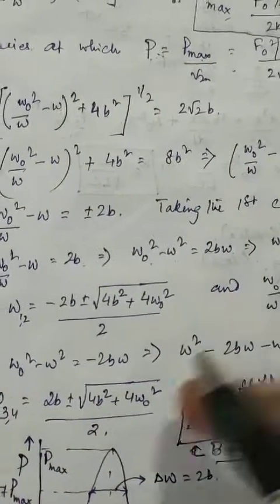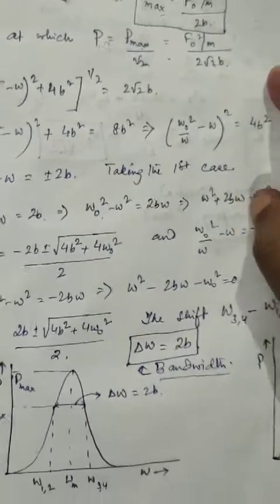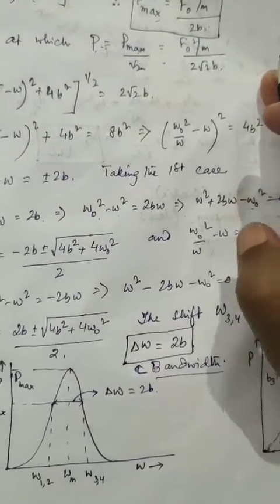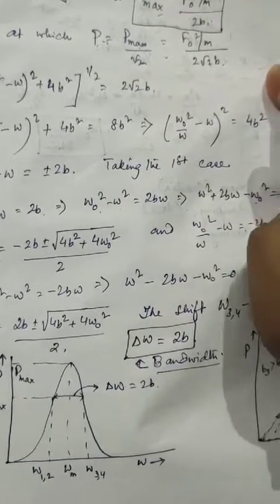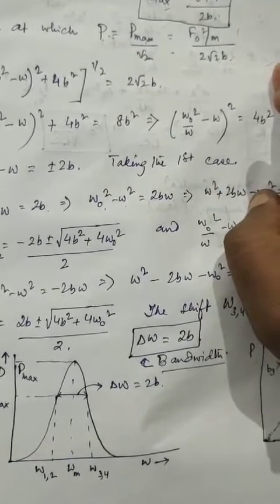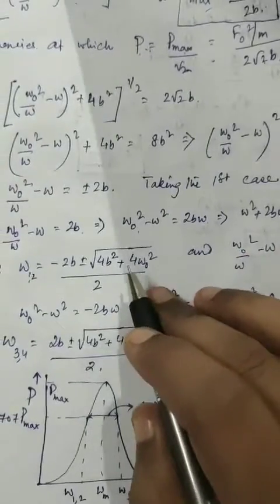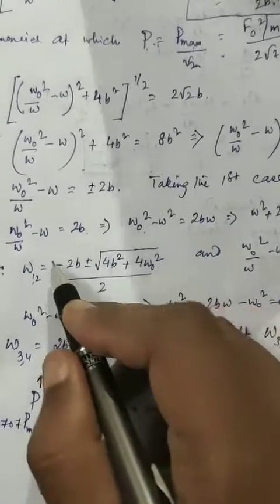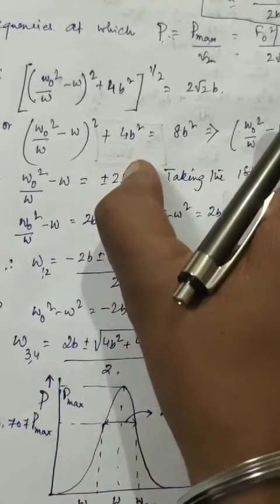So omega 1 and 2 is minus 2b plus minus square root of 4b square minus 4ac, a is 1, so minus and minus is plus 4 omega naught square, by 2. So these are the two omega values when I take plus 2b.